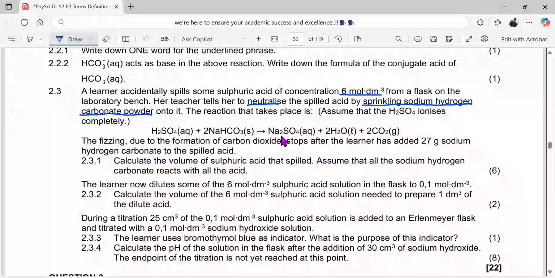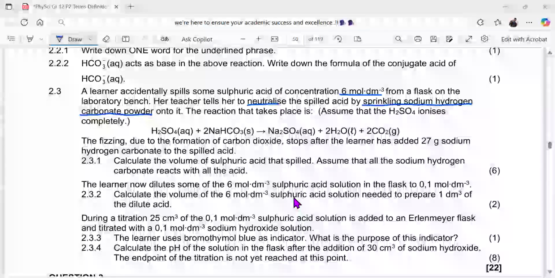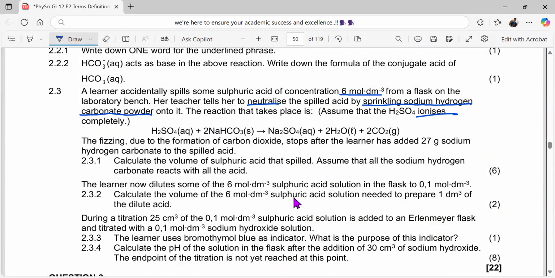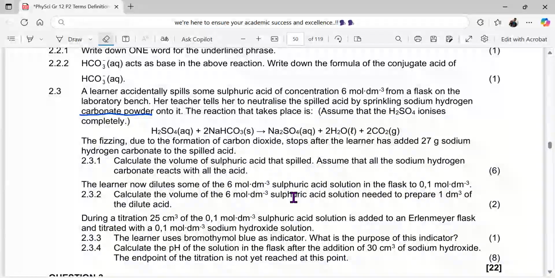The reaction that takes place is given as follows, under the assumption that sulfuric acid ionizes completely. So we have 1 mole of sulfuric acid reacting with 2 moles of sodium bicarbonate in order to produce 1 mole of sodium sulfate, 2 moles of water, and 2 moles of carbon dioxide.